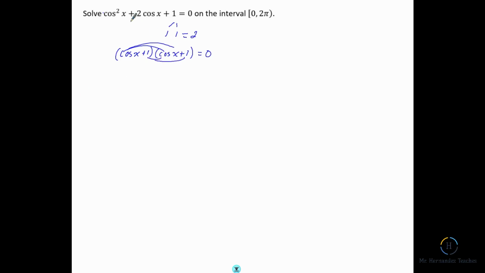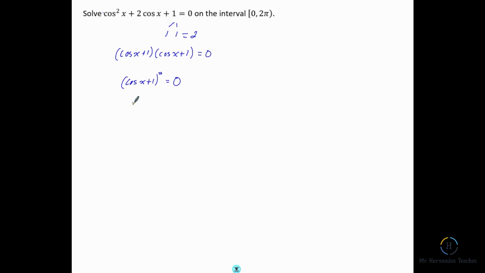And double check that you do get what we started with up here. Anytime I have something multiplied by itself, like cosine x plus 1 times cosine x plus 1, that means it's squared. So cosine of x plus 1 quantity squared is equal to 0.